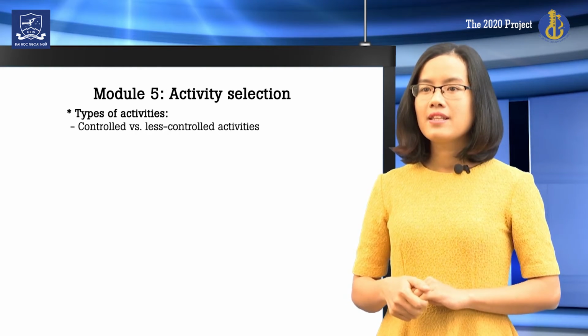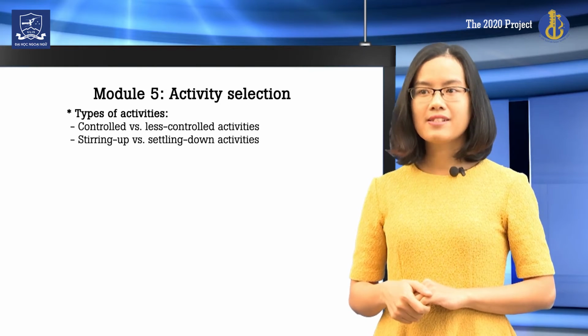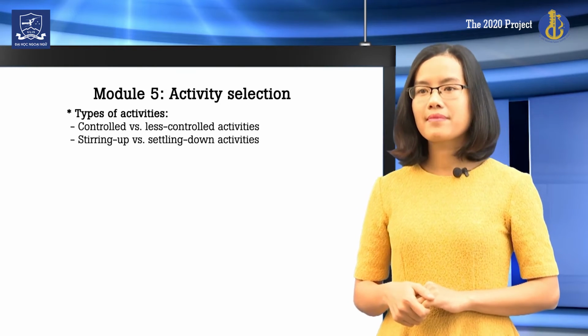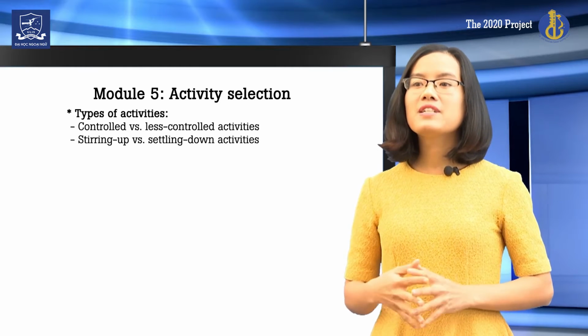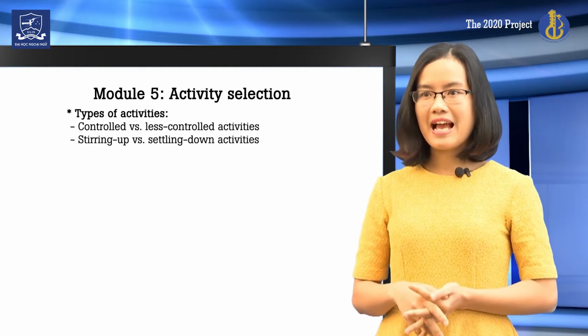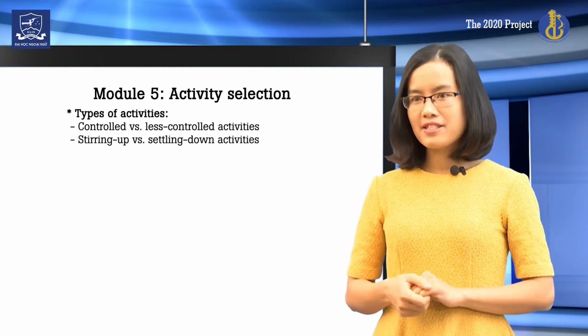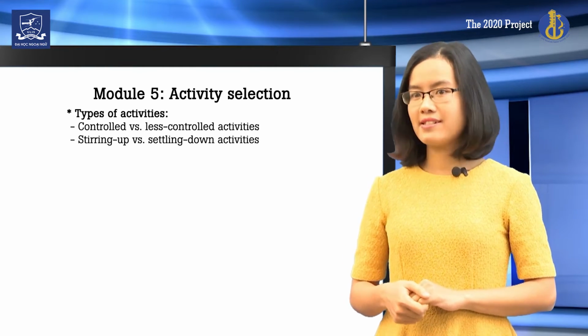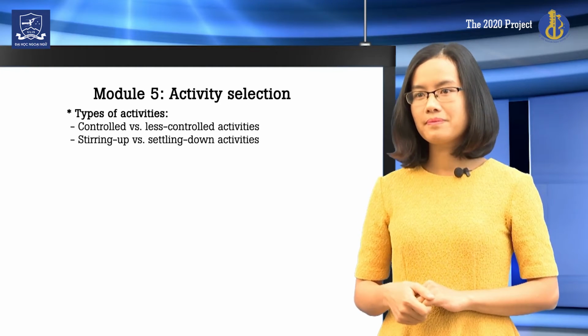The second type of activities are settling down and stirring up activities. As its name suggests, stirring up activity involves a lot of students' actions and movements. Stirring up activities energize students and create a more lively classroom atmosphere.